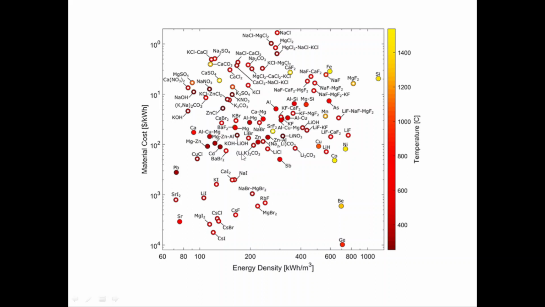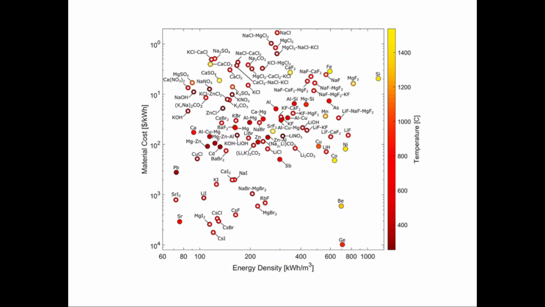These are all phase change materials, these compounds that you can see: NaCl, MgCl2, KCl, LiF, NaF. These are all kinds of salt hydrates or hydroxides and carbonates which have the potential to be used as a phase change material. So this temperature is nothing but the temperature for your desired application.